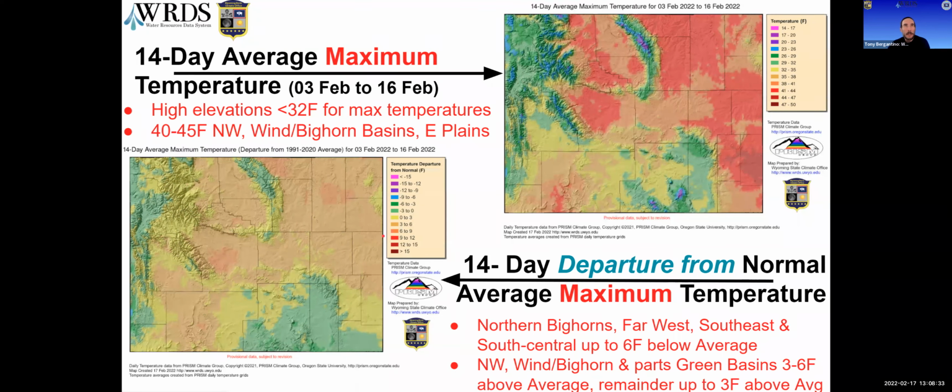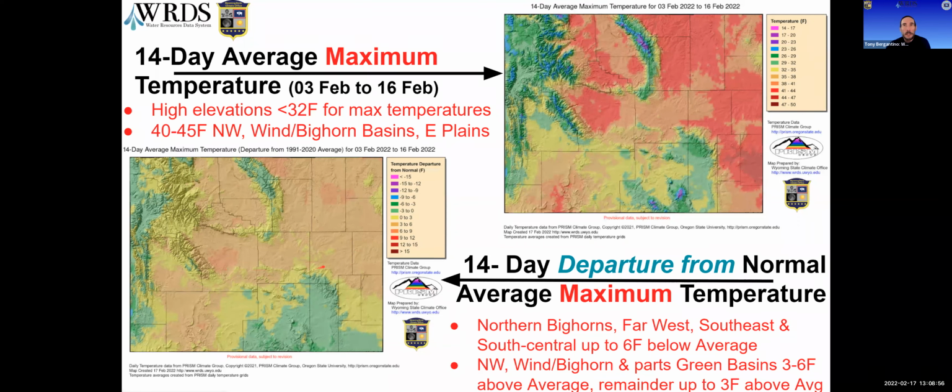Moving to maximum temperature, in the higher elevations we're still seeing temperatures below freezing during the daytime. But out on the plains, in the northeast, some of the Bighorn Basin, and the Winds, we're seeing max temperatures during the day of 40 to 45 degrees.